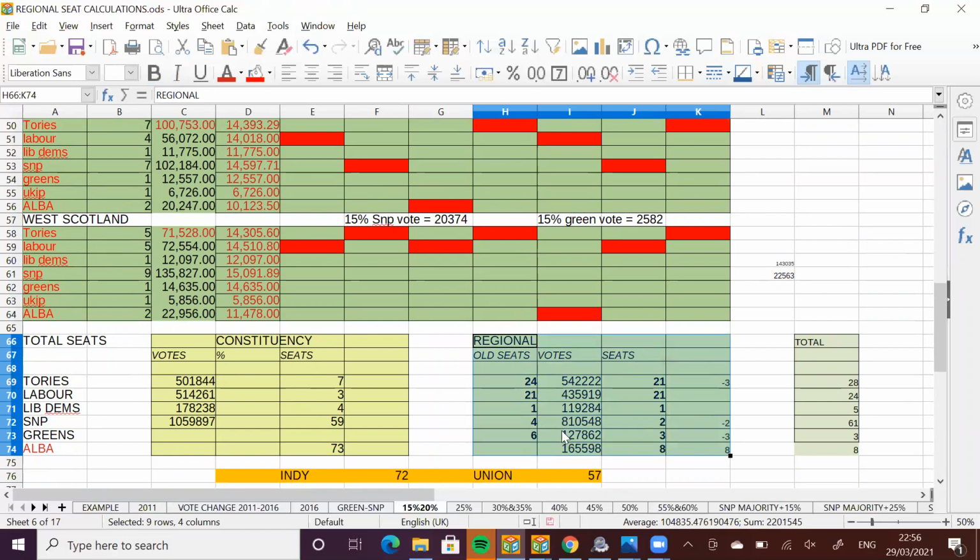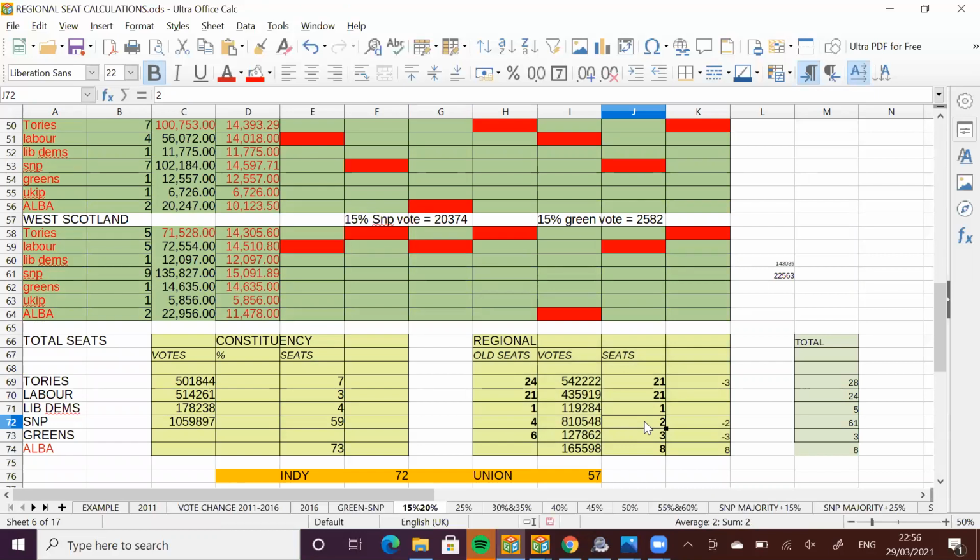So 2016, this is the number of seats. 2021 with Alba standing and 15%, this is what it could be. So the Tories would lose 3 seats, Labour would stay the same, the SNP would lose 2 seats, and the Greens would lose 3 seats, but Alba would gain 8 seats.